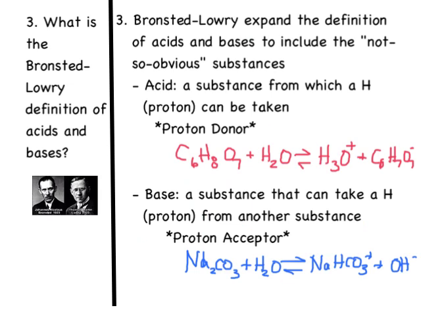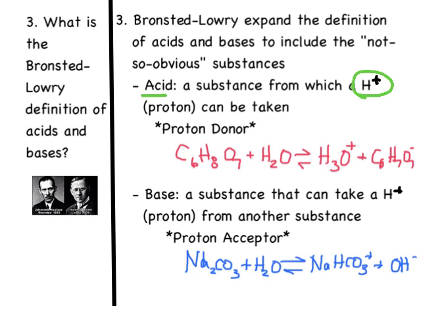That's why it's called the Bronsted-Lowry. Their definition helps us include those not so obvious substances that we saw at the end of the last slide. Here, an acid is a substance from which a proton, an H+, can be taken. Remember, hydrogen only has one electron, so when you lose it, all you have left is a proton.